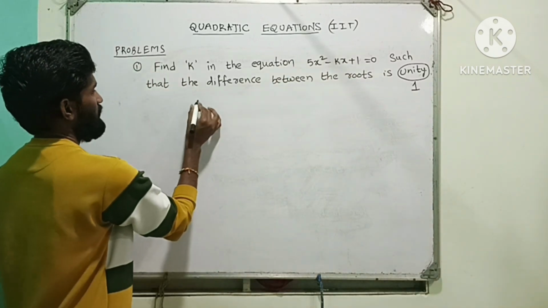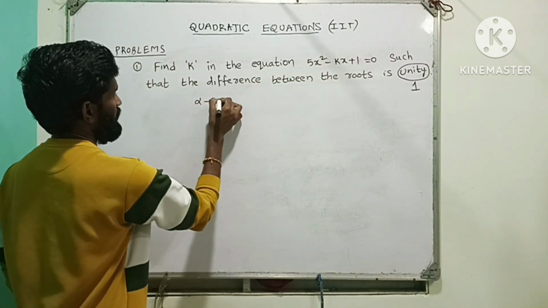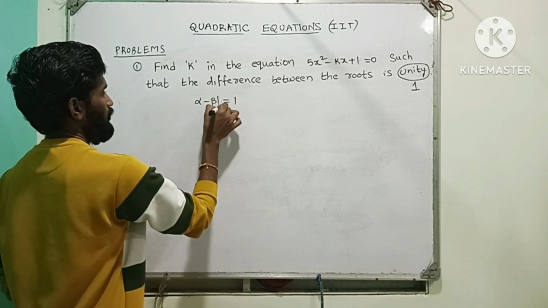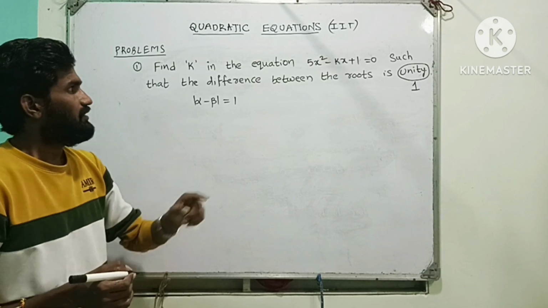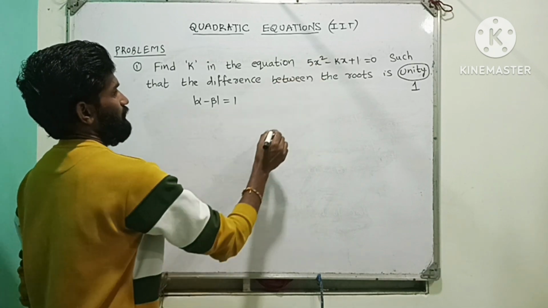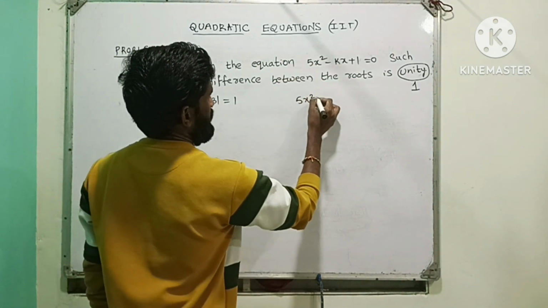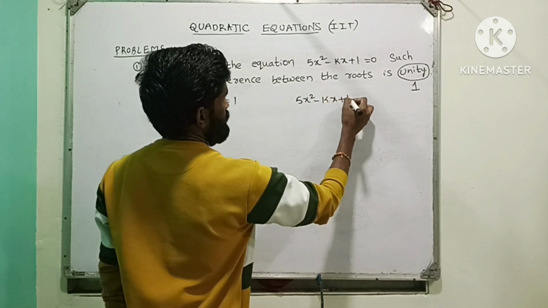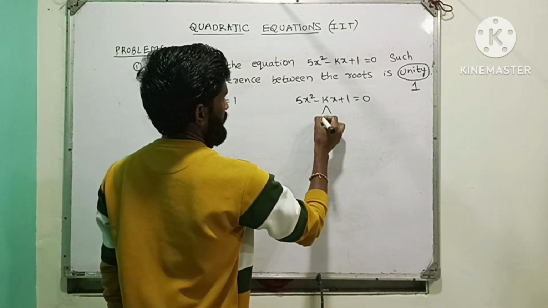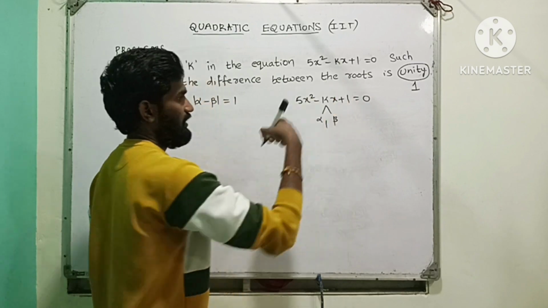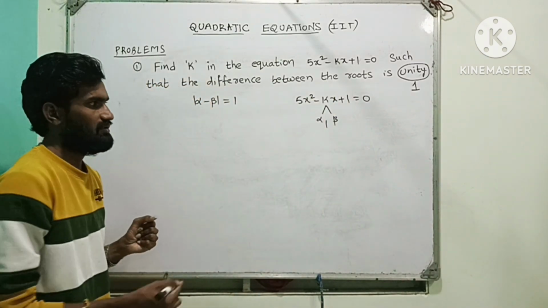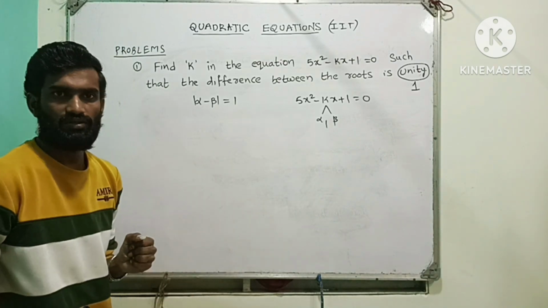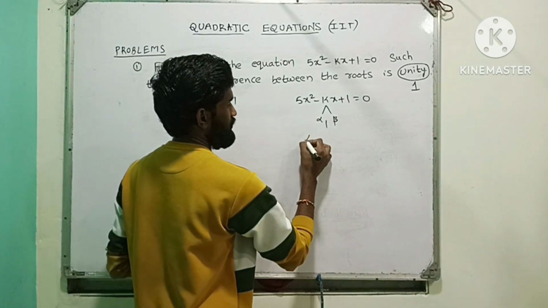So what is given here? Alpha minus beta is equal to 1, given. Mod alpha minus beta is equal to 1. For 5x square minus kx plus 1 equal to 0, alpha and beta are the roots. According to the concept, what is the sum of roots from this equation?